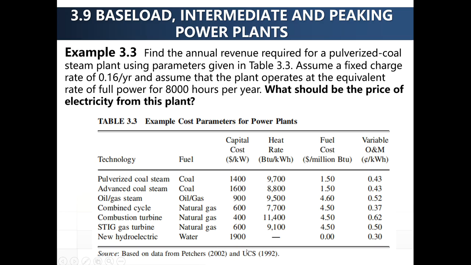And then we can also see the fuel cost for the combined cycle combustion turbine and the gas turbines is very high. It's in the $4.5 range, about 3 times that of the coal steam power plant, because this power plant uses natural gas.